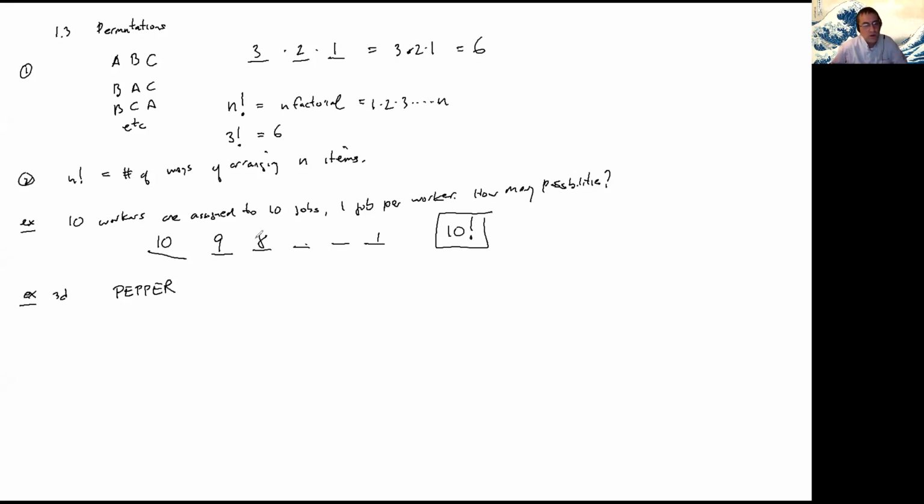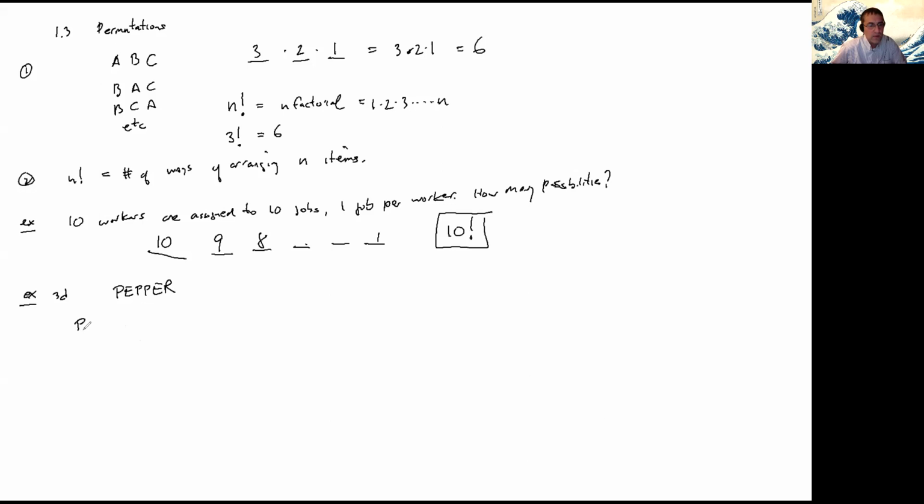Now, the P's are all considered the same letter in this word, as are the E's. So if I were to permute the two E's, that doesn't change the arrangement at all. Or if I switch the P's around, it doesn't change the word. So we have to take that into account. The solution is to do the following.